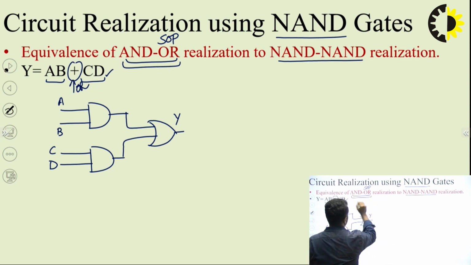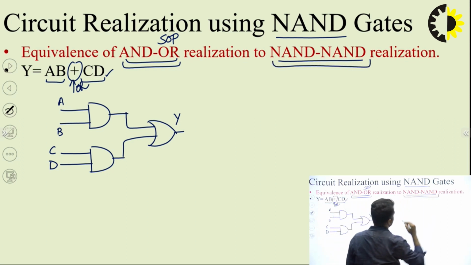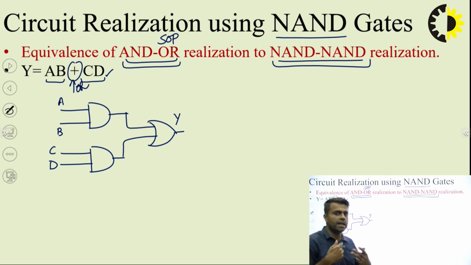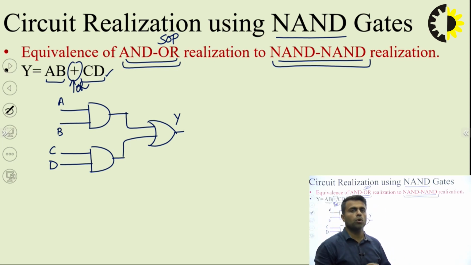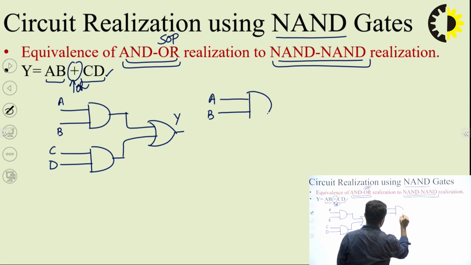Now I am saying that this AND OR realization can be performed using NAND only by simply replacing AND with NAND and OR with NAND. That means all NANDs. So A is there, B is there, and instead of using an AND gate, I am using a NAND gate. Similarly for C and D as well.